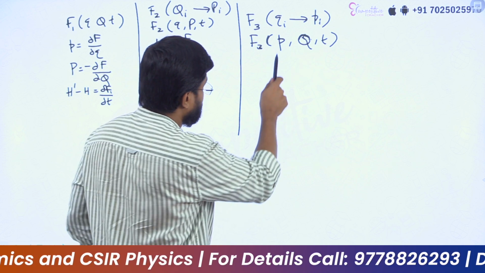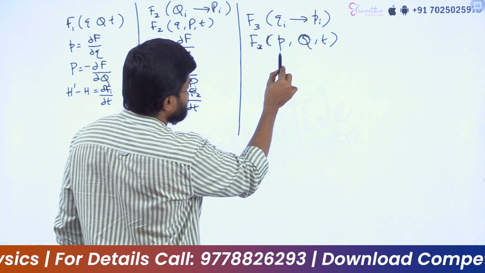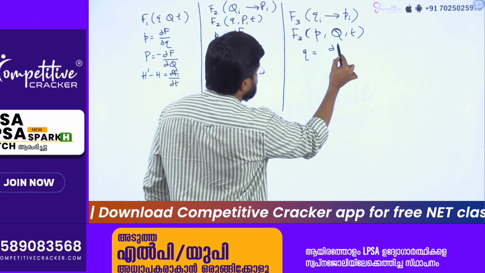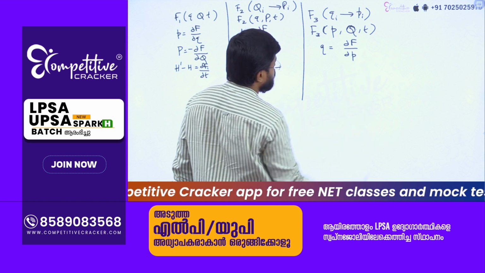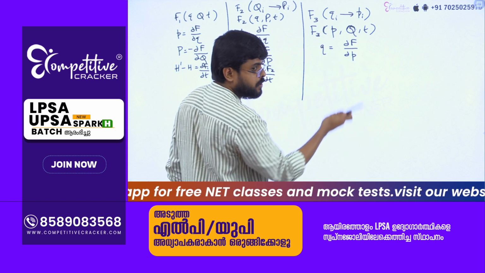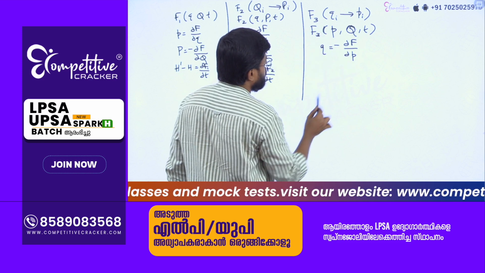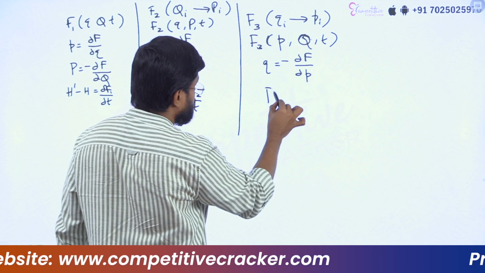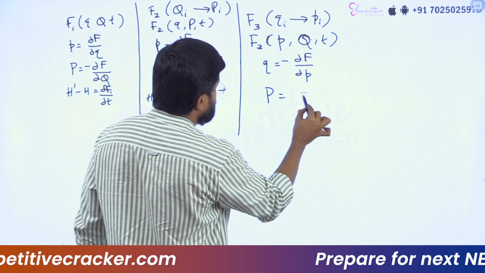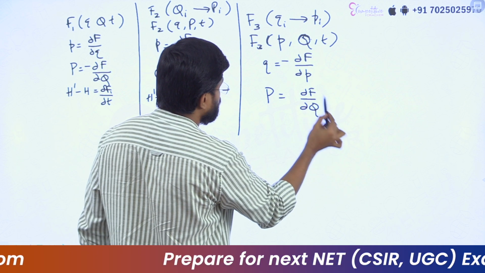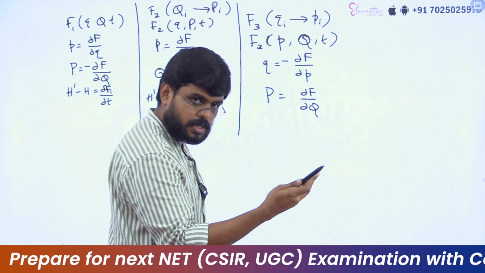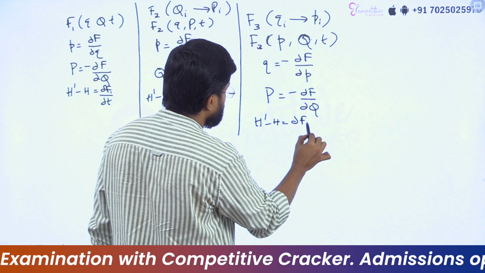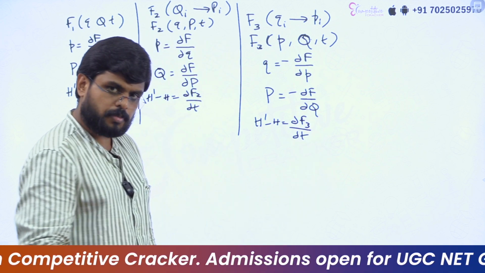Capital Q is present, what is missing? Capital P is missing. Capital P is ∂F by ∂Q. Small q and capital P are negative, so put a negative. Then here also H prime minus H is equal to ∂F by ∂t.